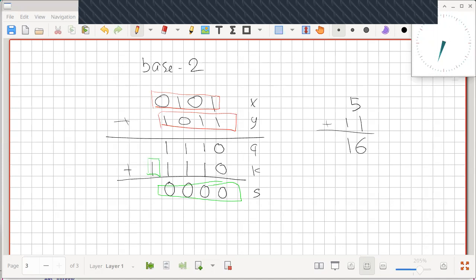You have addition, subtraction, comparison, which is kind of subtraction. We'll talk about that later. You have right shifting, you have bitwise and, bitwise or, bitwise not. Those are the very basic operations that the processor needs to know how to do in order to do everything else.